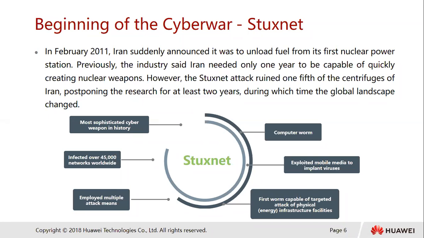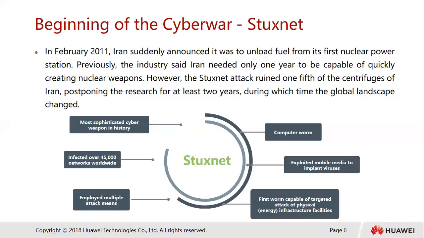Okay, so it is believed that what the Americans and Israel did was to find someone who was working in that facility. So that particular person was given an infected flash. So he took that flash and went with it into the facility and plugged it into the computers which were there. So that's how Stuxnet moved from the PC to the centrifuges.